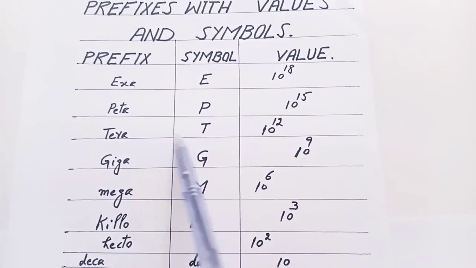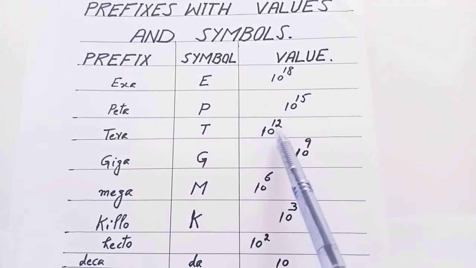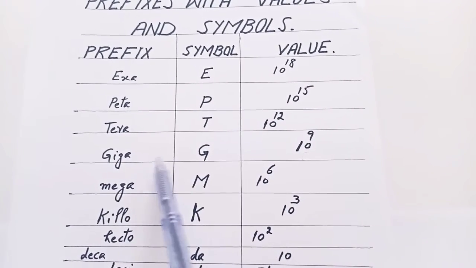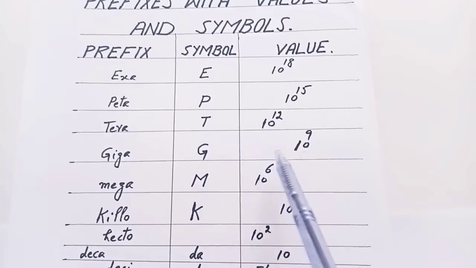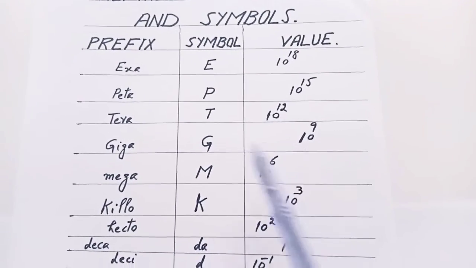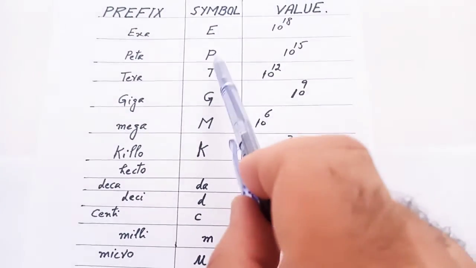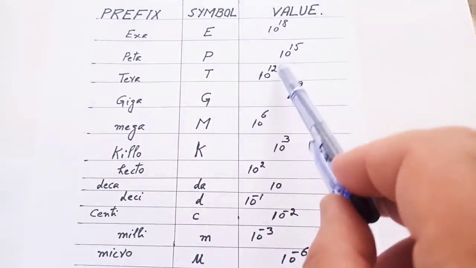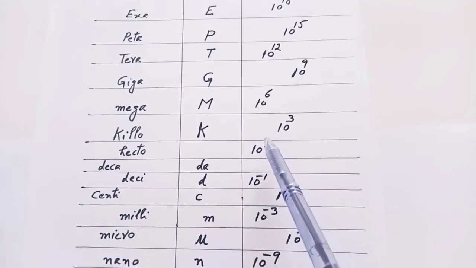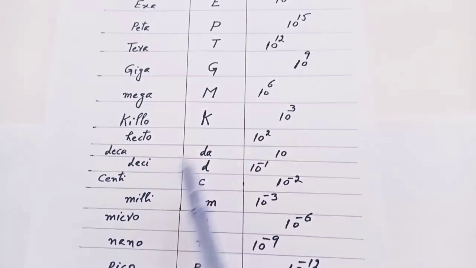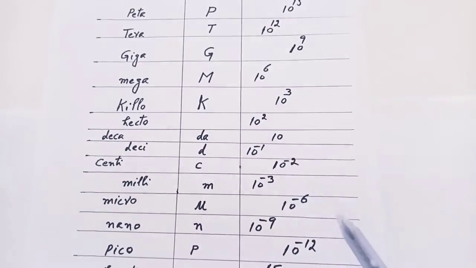Tera is a prefix, its symbol is T, its value is 10 power 12. Giga is a prefix, its symbol is G and its value is 10 power 9. So all these are the prefixes, their symbols and their values. You remember all these prefixes and their symbols and their values.